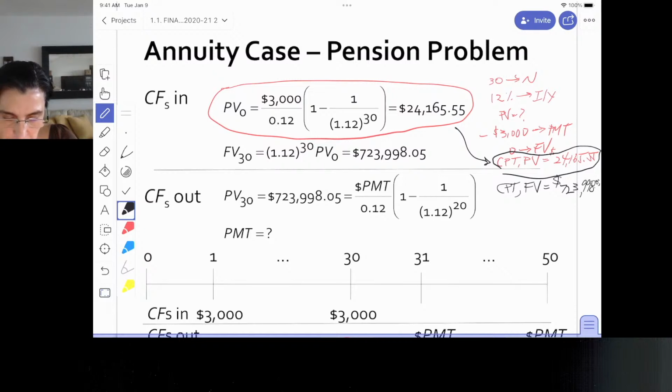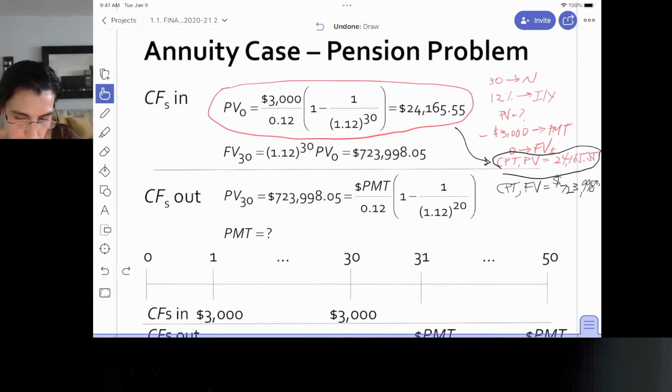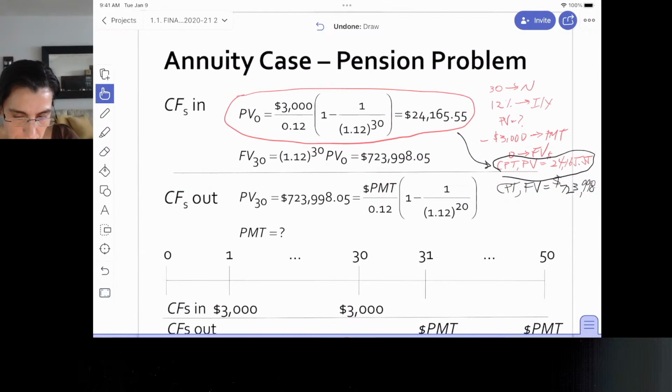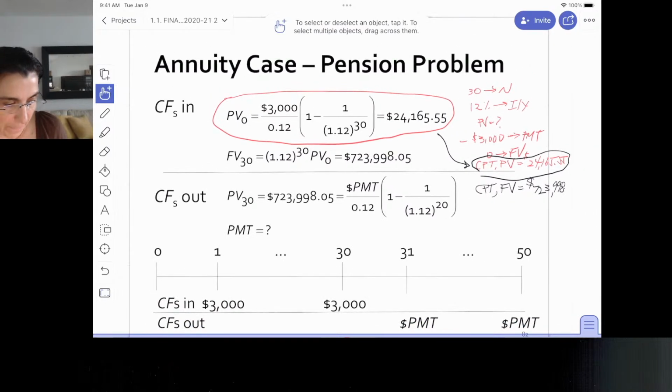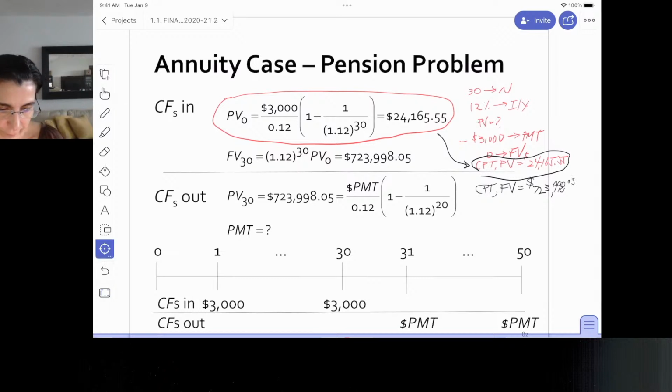So essentially, what you have is about $750,000. So $3,000 every year for 30 years at 12% will give you $750,000.